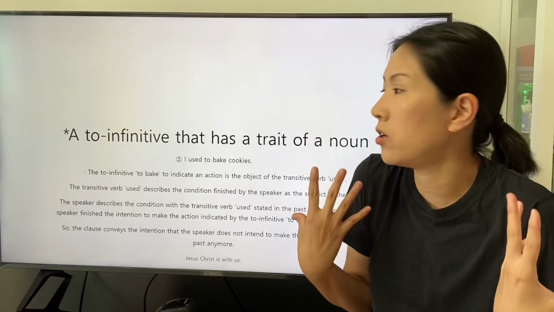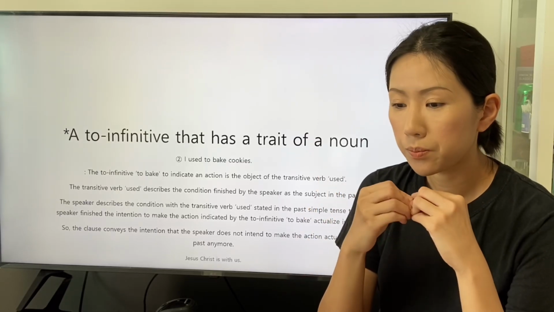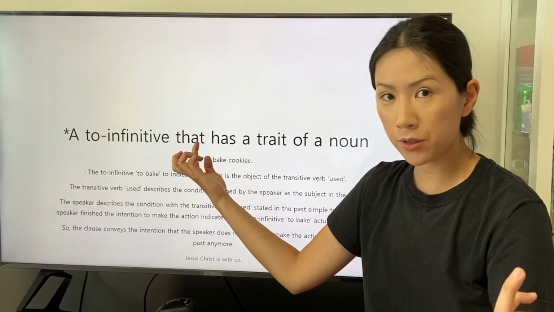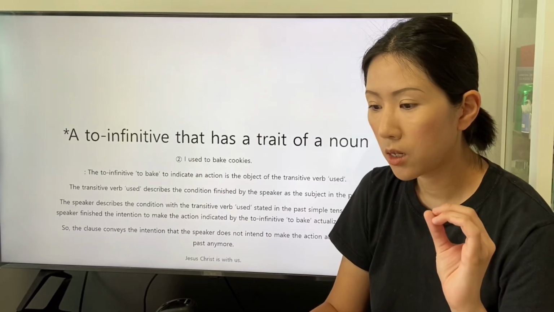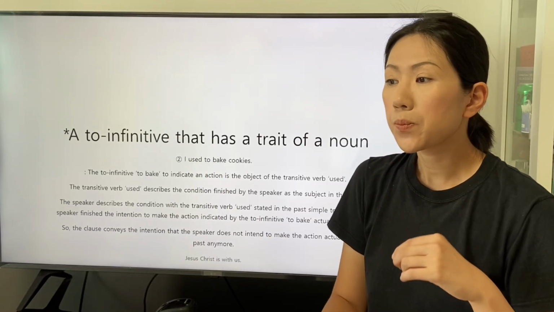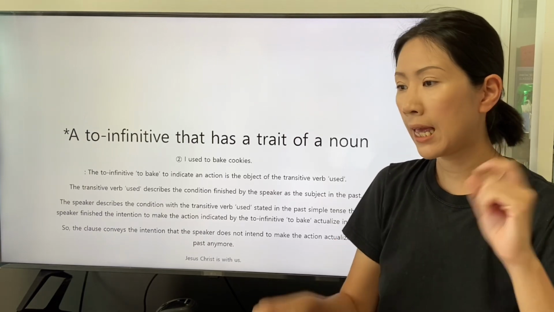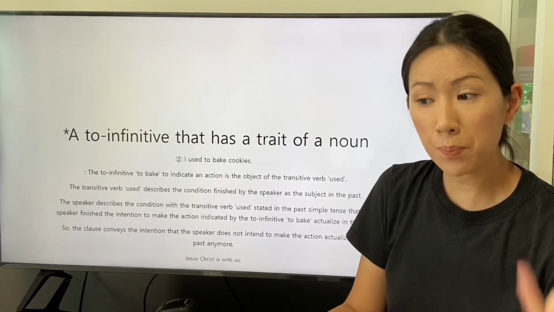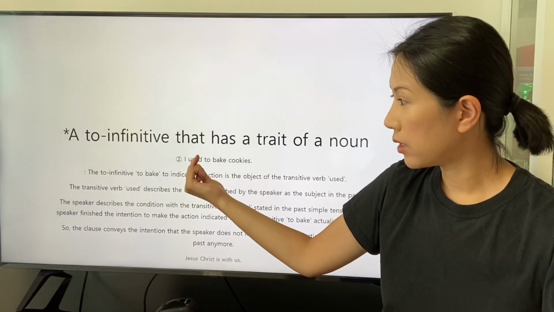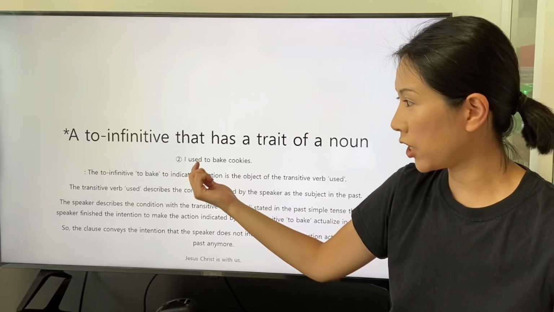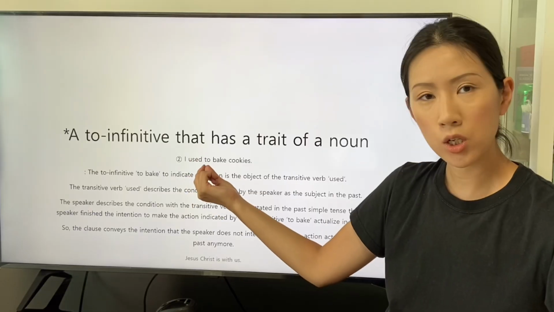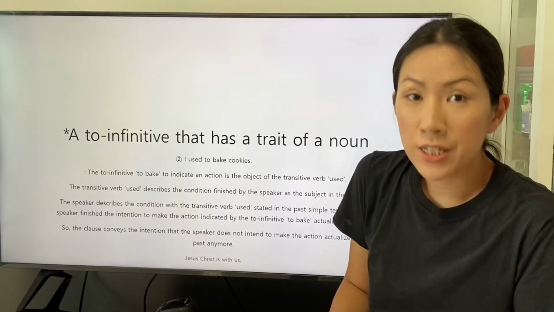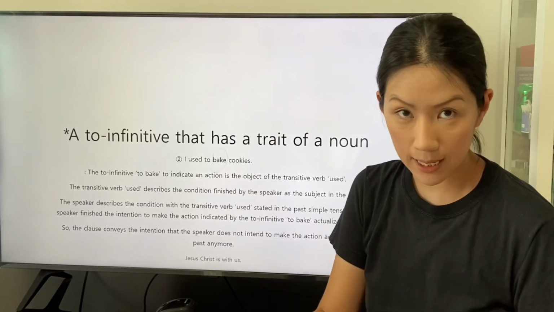So we can understand that the speaker completed the condition described by the transitive verb used in the past, and the speaker as the subject had a purpose of actualizing the condition described by the transitive verb used into the action indicated by the root infinitive bake.